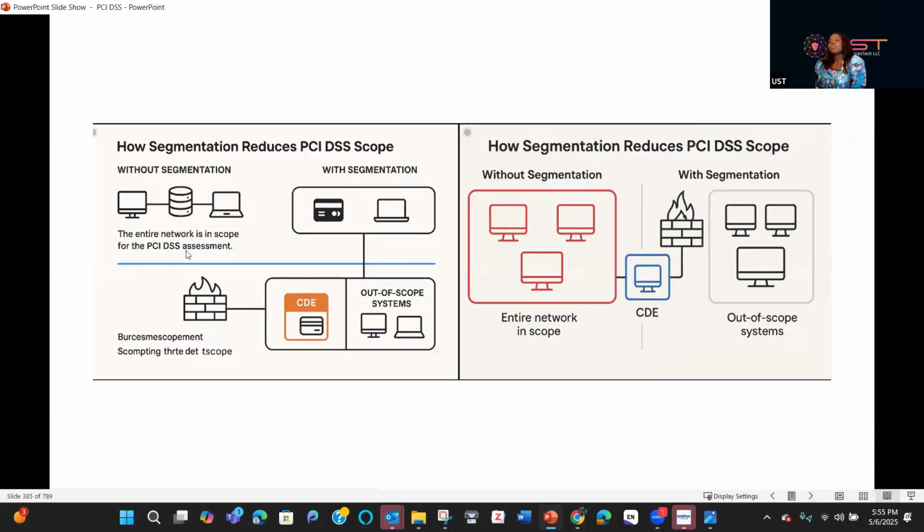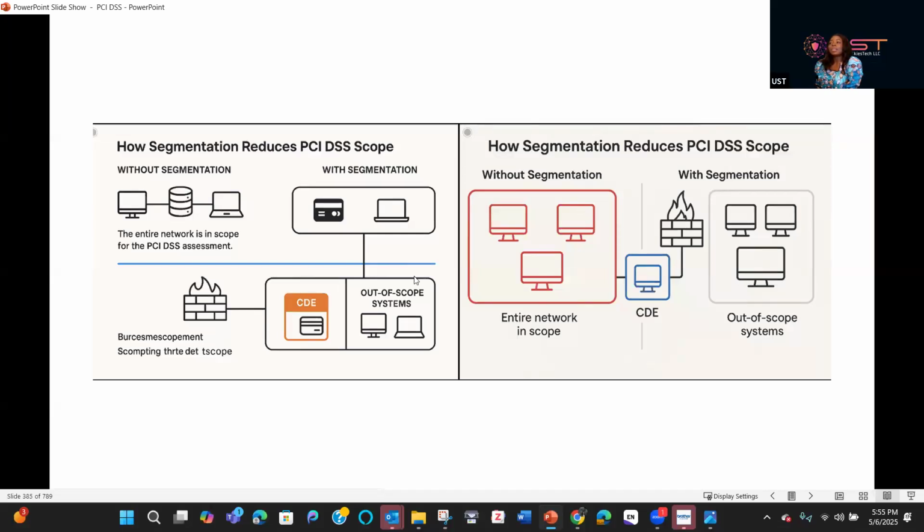And this is exactly what we have been discussing, guys: how segmentation reduces PCI DSS scope. Without segmentation, everything is within scope, and it will definitely increase the cost and also increase security risks. But with segmentation, you just identify what you need to be in compliance with PCI DSS, the devices that literally collect or process payment card details.